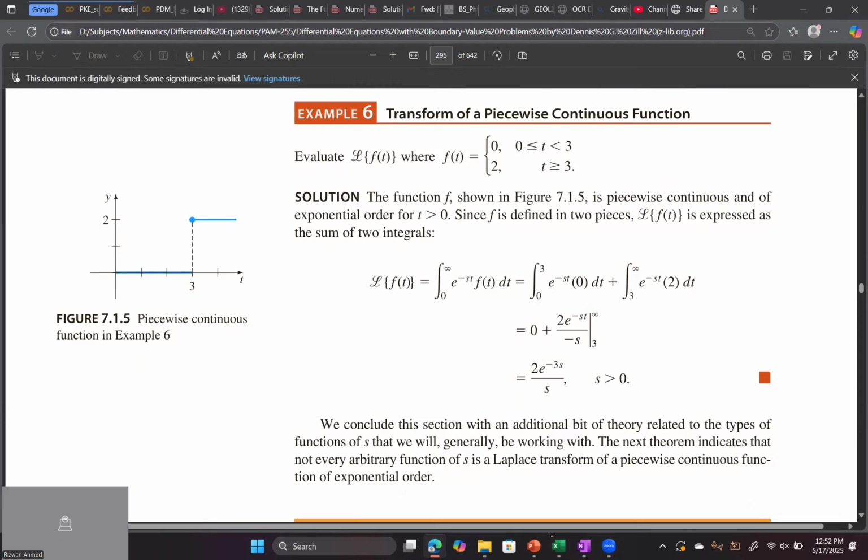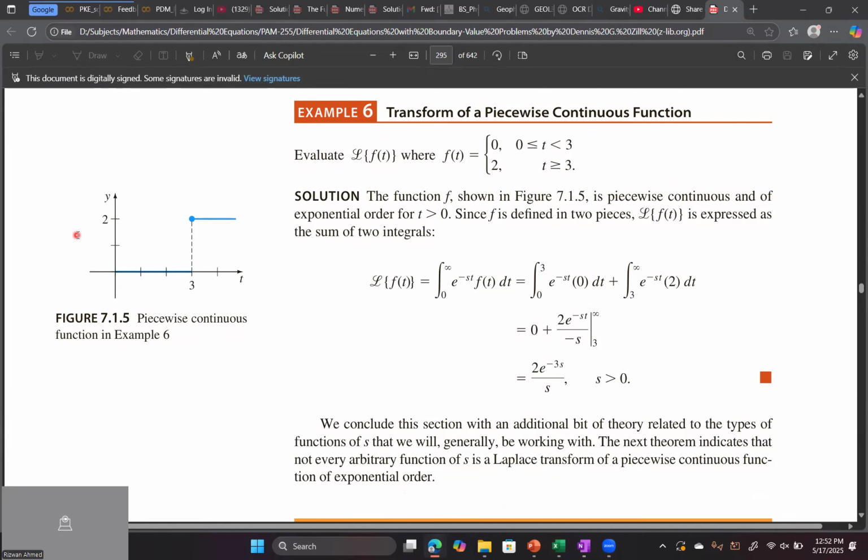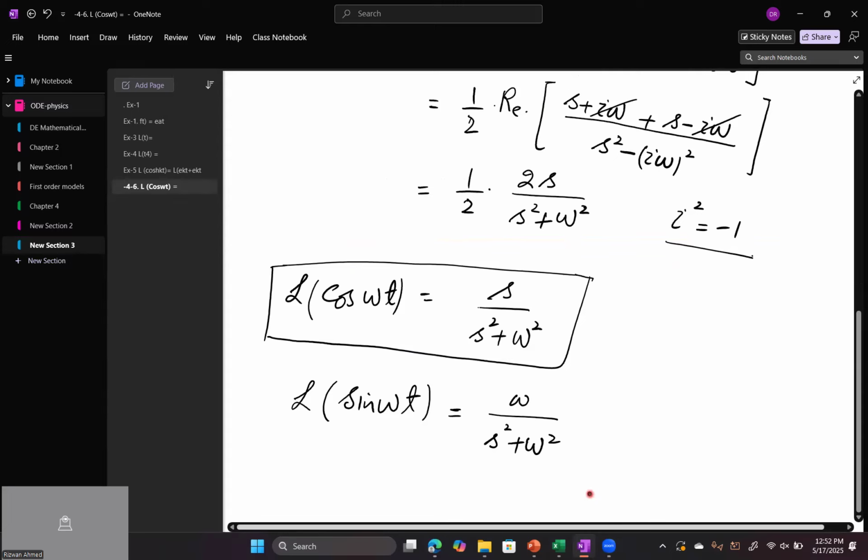That is the picture of this function: it appears as 0 from 0 to 3, and then beyond 3, its value stays at constant value 2. So let's get its Laplace transform.